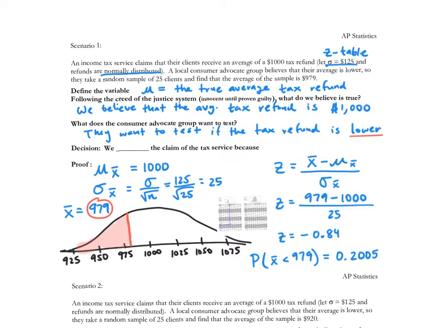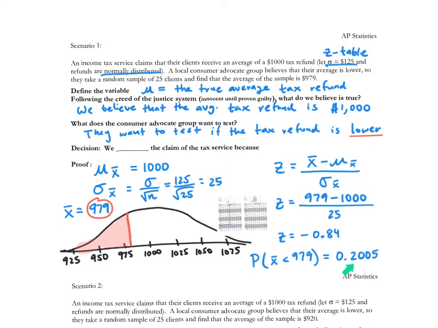Okay, and so that's a 20% chance that the tax refund is lower than 979.